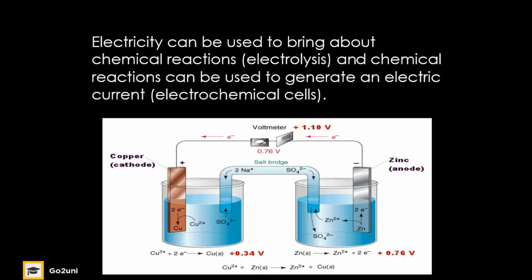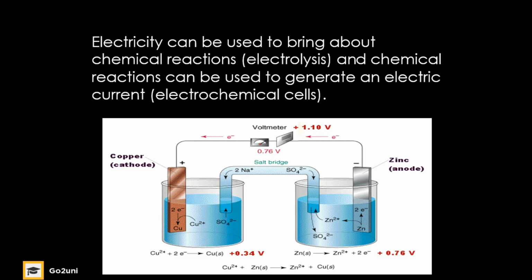It is an example of an electrochemical cell which is made up of a copper rod and a zinc rod dipped in their aqueous solutions, a solution of copper 2 sulfate and a solution of zinc sulfate. And of course, we have a connection between these two solutions. That connection is called the salt bridge, and it allows this flow of electrons, this current of electrons, so that electricity can be generated.